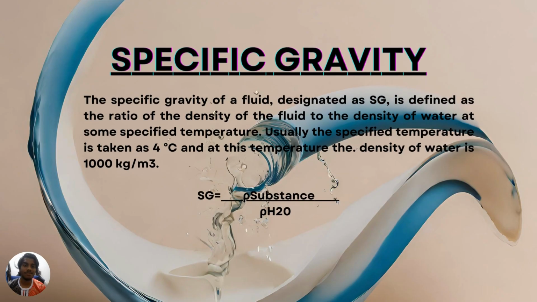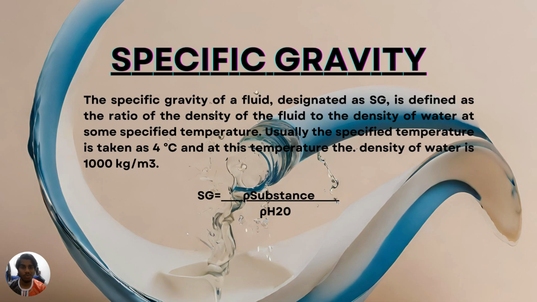The next fluid feature that I'll be talking about is specific gravity. The specific gravity of a fluid, designated as Sg, is defined as the ratio of density of a fluid to the density of water at some specified temperature. The temperature that is specified is usually taken at 4 Celsius, and at this temperature the density of water is 1000 kilograms per meter cube.